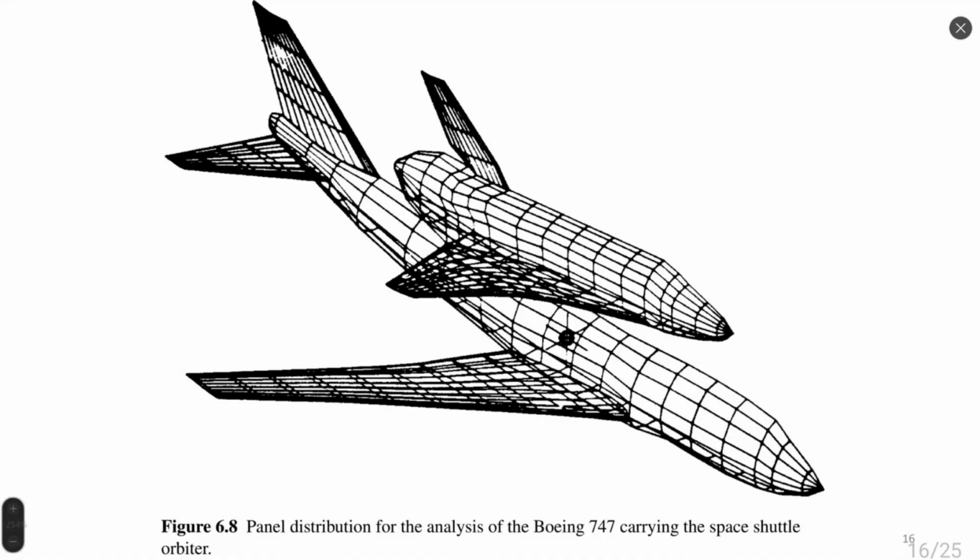So such a task could be solved with panel methods in some part, not in total, right? Not completely, because as you may see here, the number of panels is not so big, so it does not describe perfectly all aspects of geometry of airplane and shuttle, but it allows to obtain some estimations about aerodynamic properties of this transportation, or possibility of this transportation.